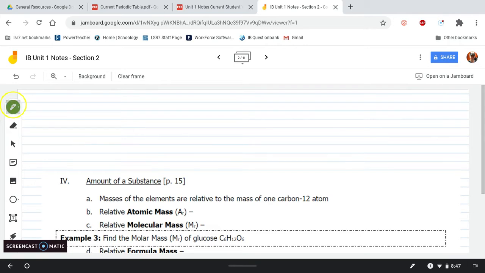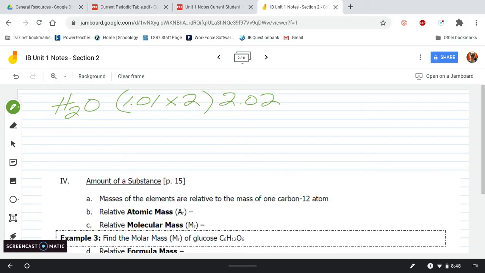Okay, so we've got our pen, and let's say you have water. Water's easy because we all kind of know what water is. That's a molecule of water. In a molecule of water, each of the hydrogens weighs 1.01. You can see that on your periodic table. And of course, we have two of those, so that would be 2.02 grams due to the hydrogen component.